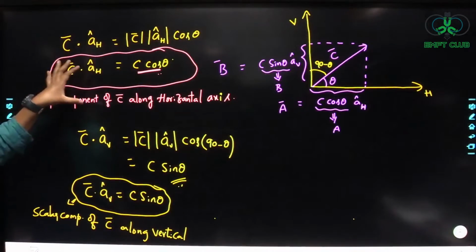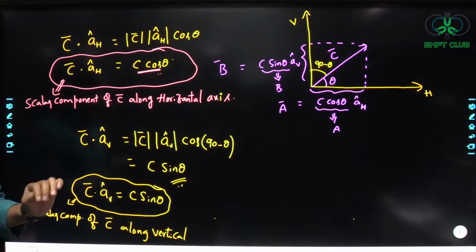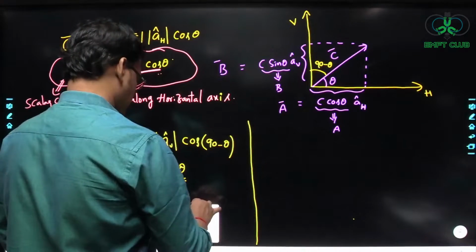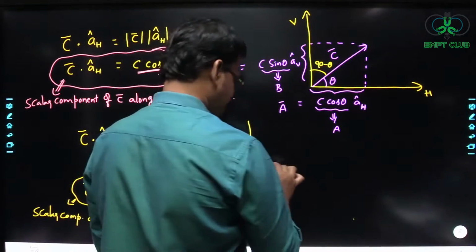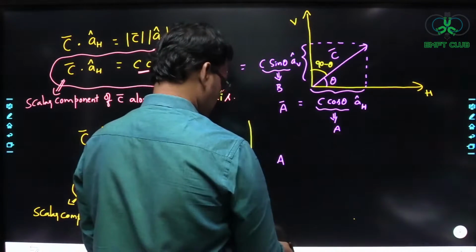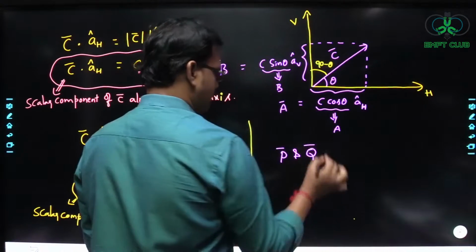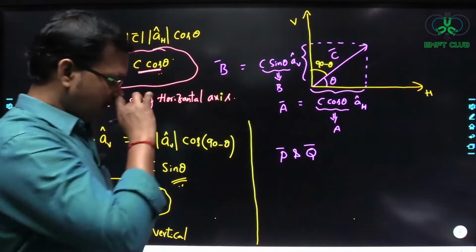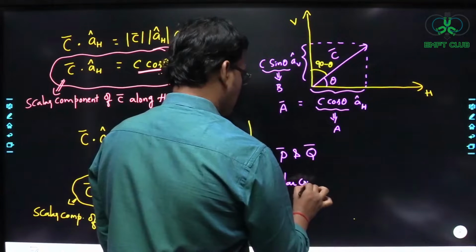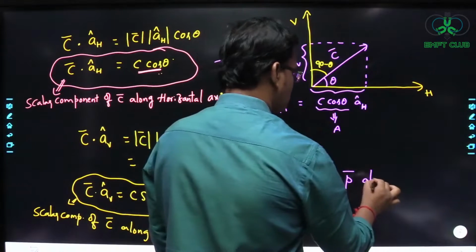So this is how you find the component of one vector along the other. Now similarly, suppose I give you two vectors, p bar and q bar, and I ask you to determine the scalar component of p bar along q bar.